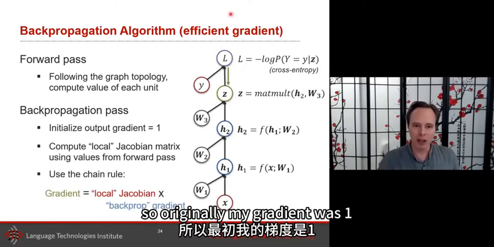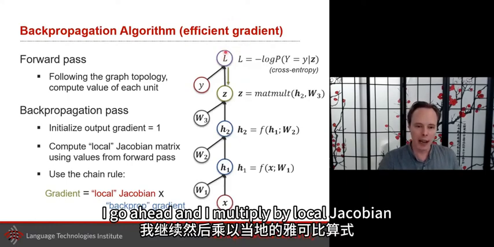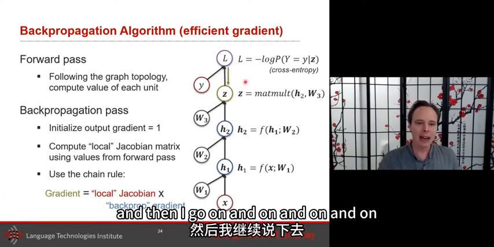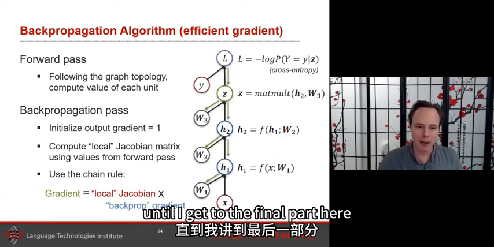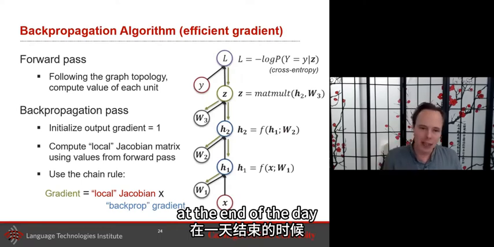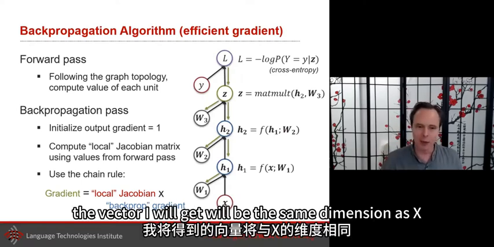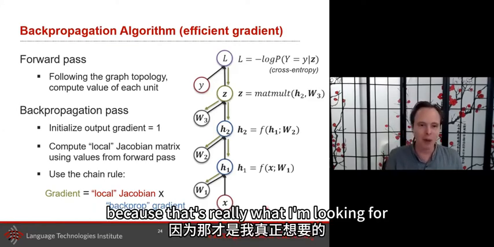So originally my gradient was 1. I go ahead and multiply by the local Jacobian. And then I go on and on until I get to the final part here. At the end of the day, the vector I will get will be the same dimension as X, because that's really what I'm looking for.